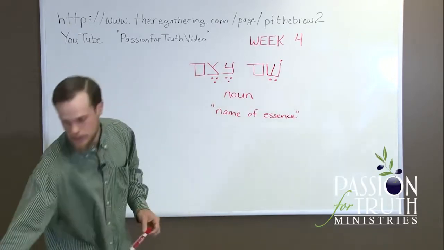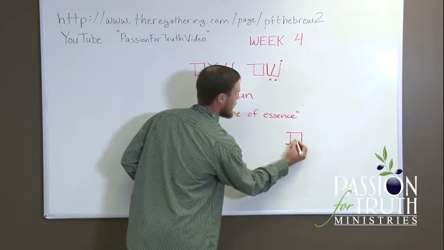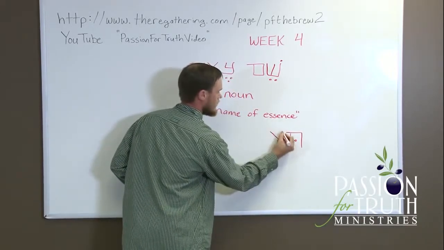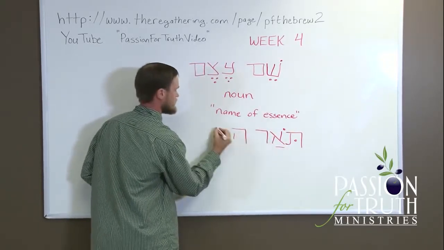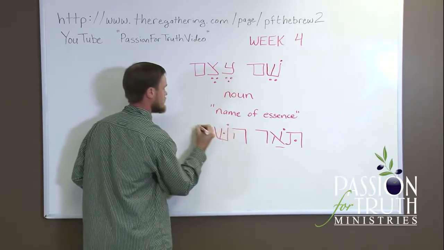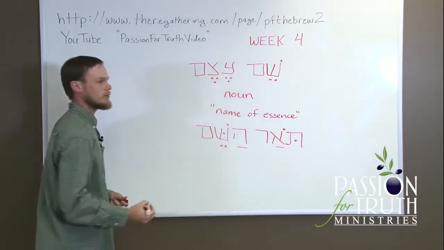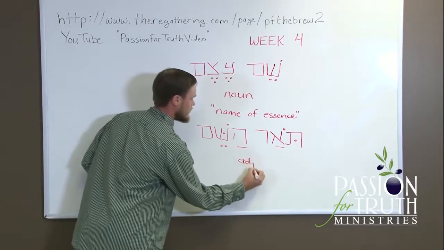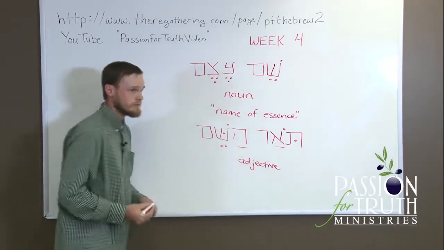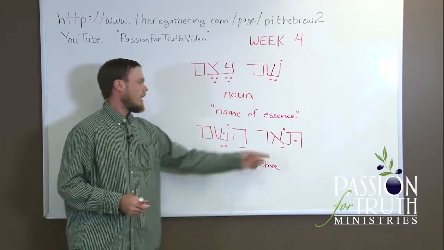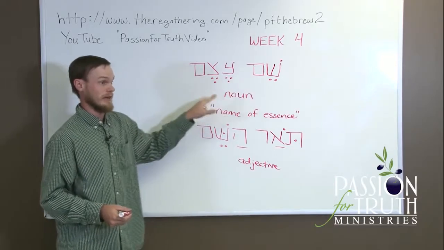An adjective in Hebrew is called a toar hashem. Sometimes it's shortened to just toar. And in toar hashem, the shem is referring to the shem in the shem etzem of a noun.